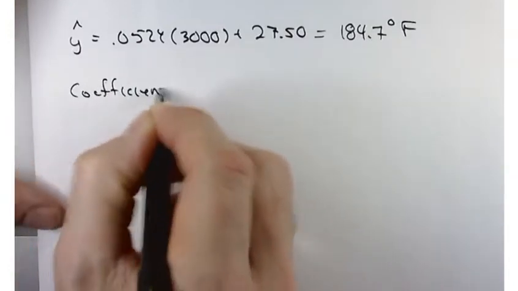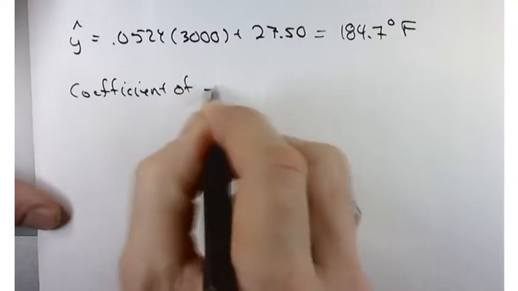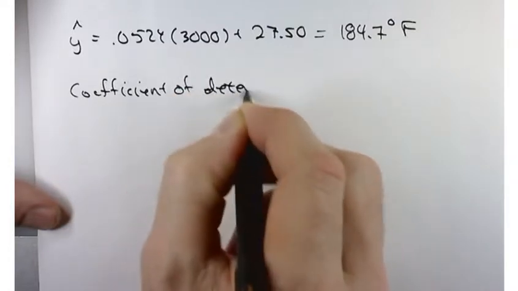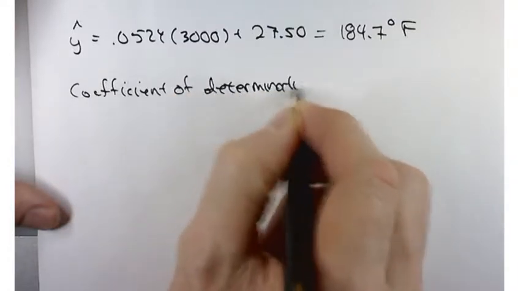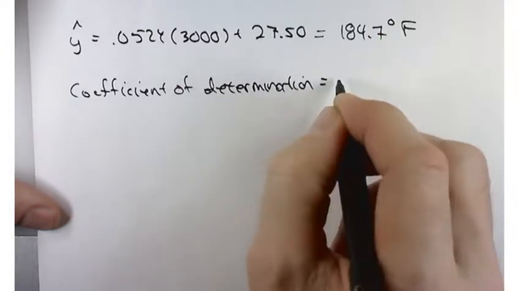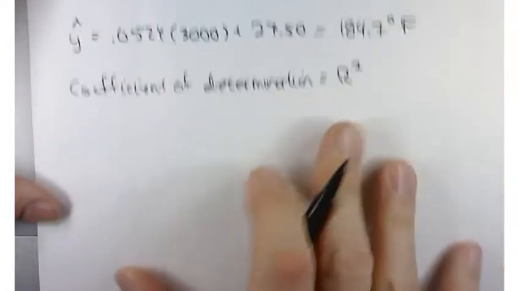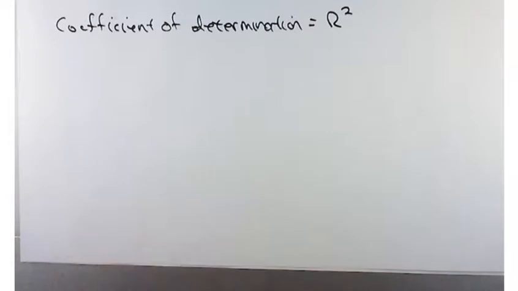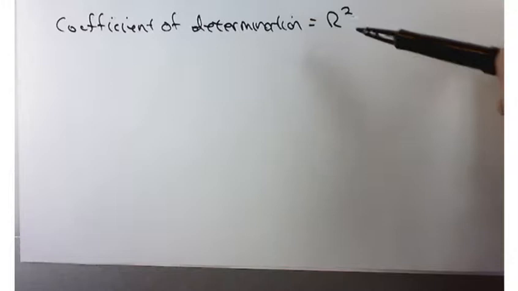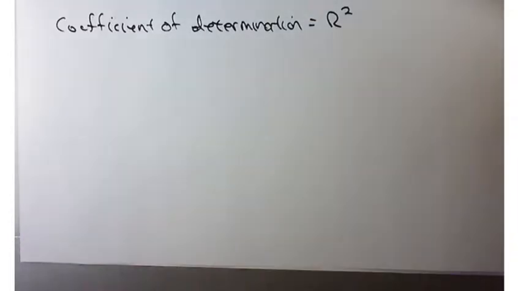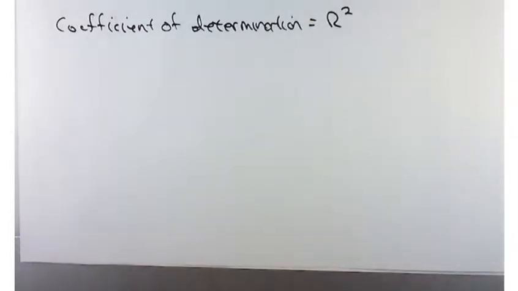Coefficient of determination equals r squared. The choice of notation here is not an accident. It's intentional because there's definitely a relationship between r and r squared. But let's first understand what r squared tells us.